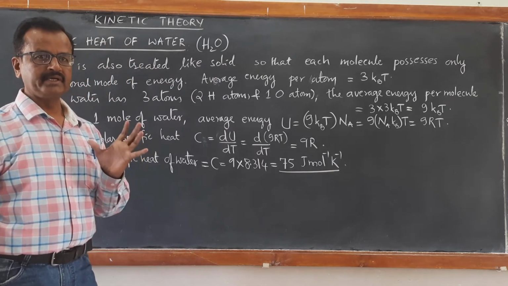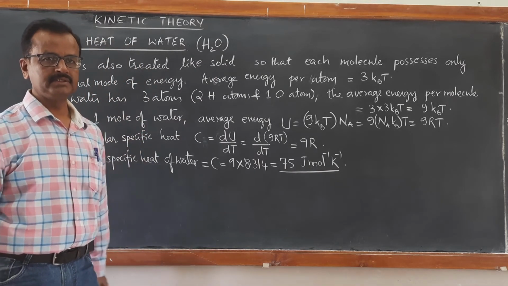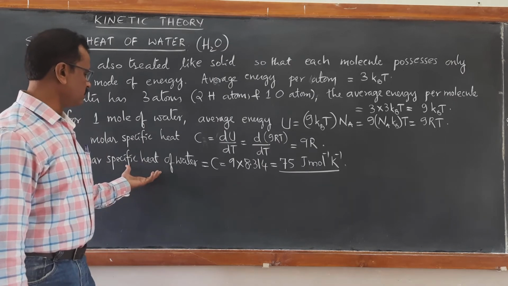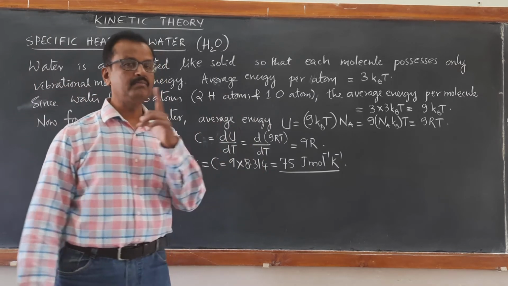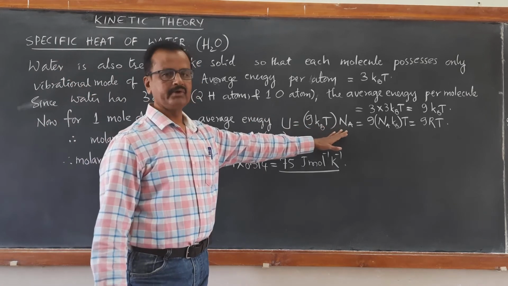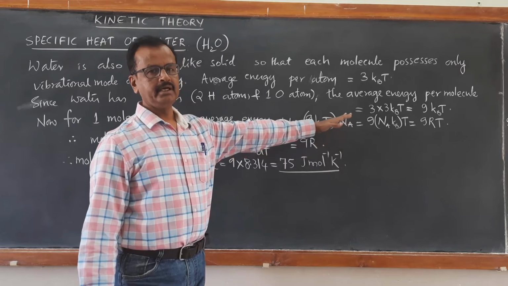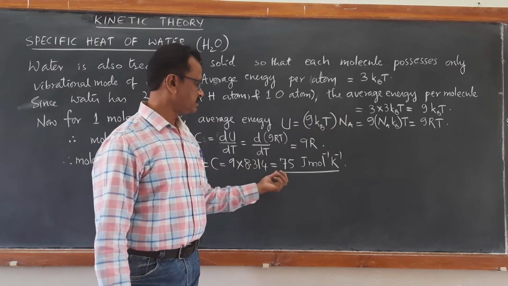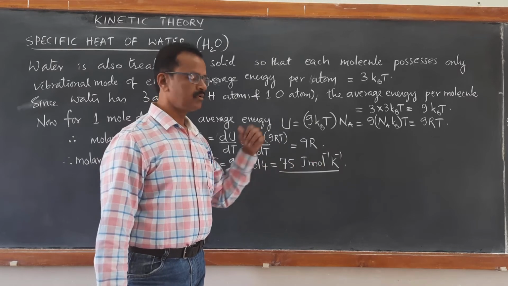We know the specific heat of water per gram is 1 calorie. This is the molar specific heat, for 1 mole of water, which has the Avogadro number, 6.023 into 10 raised to 23 molecules, that is 75 joule per mole per Kelvin.